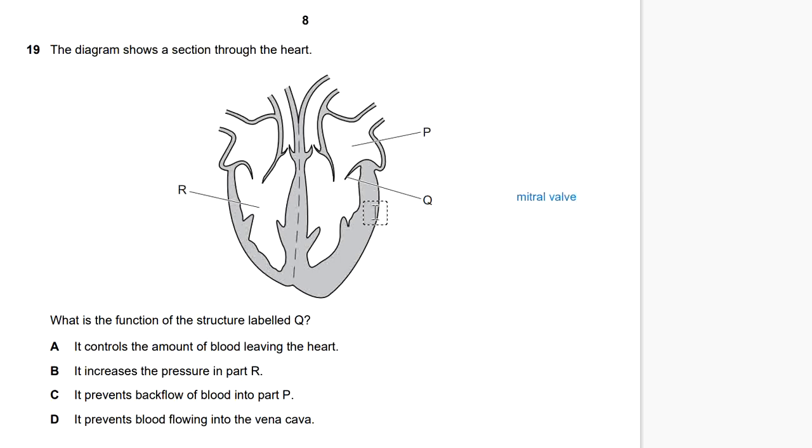It prevents the backflow of blood from the ventricle to the auricle. So it prevents it from coming back or regurgitating back. So the correct answer for this is letter C.